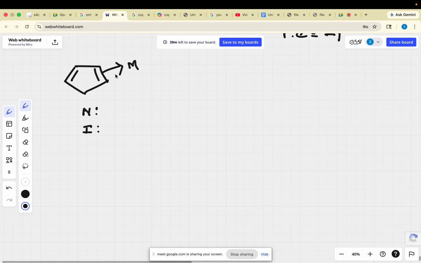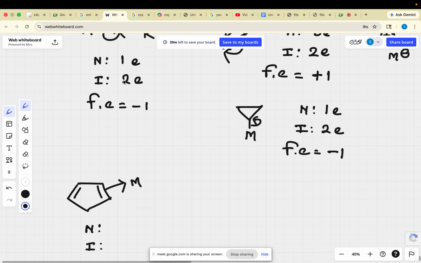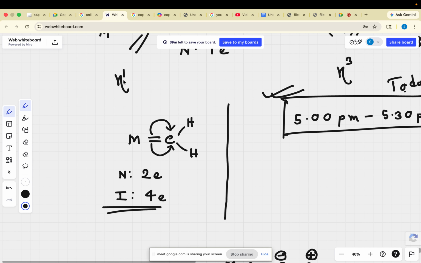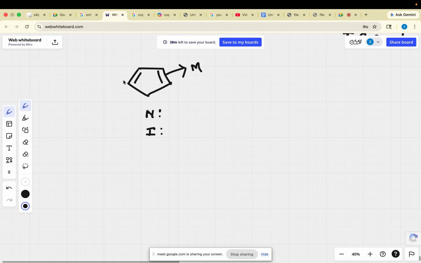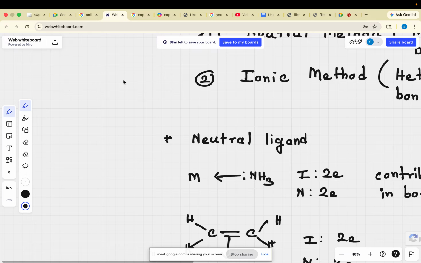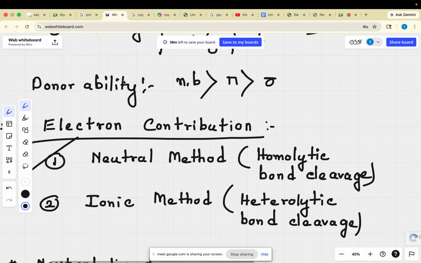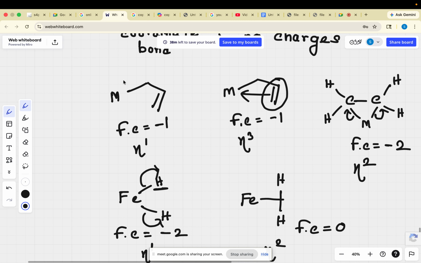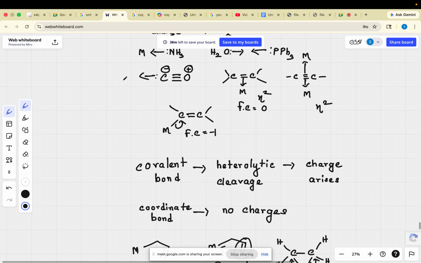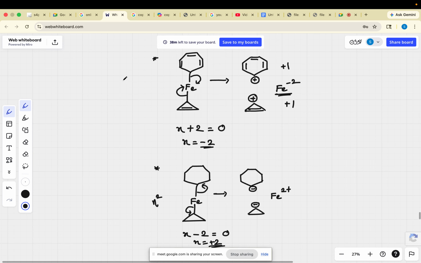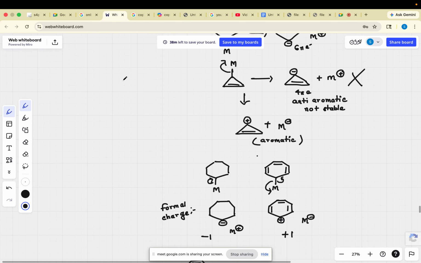It is donating electrons to the metal center. Sir, neutral is 2, ionic is 4. How is ionic 4? Both will be same, 2 and 2. I have written it somewhere in the previous class.